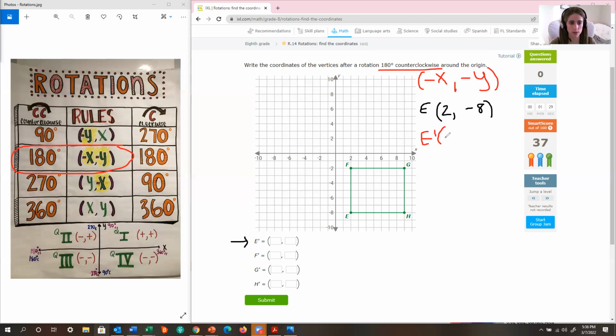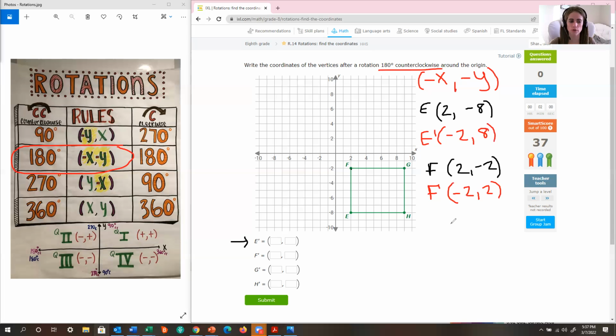Therefore, for E prime, we have -2, +8. Now for F, the pre-image coordinates for F right here are located at 2, -2. When I apply that rule, rotated 180 degrees, I just need to multiply each value by -1, landing us with -2, +2.